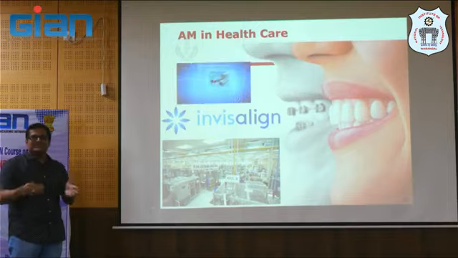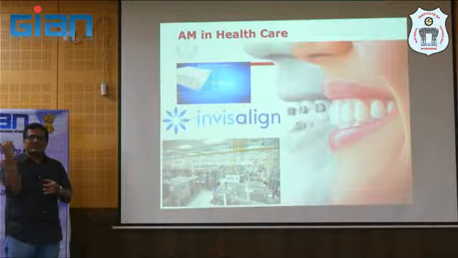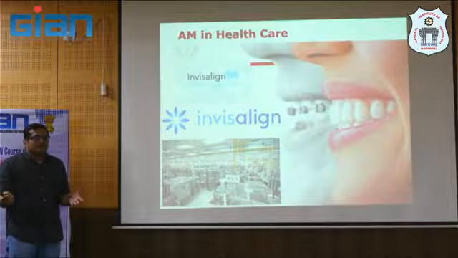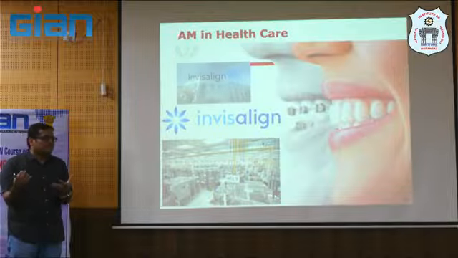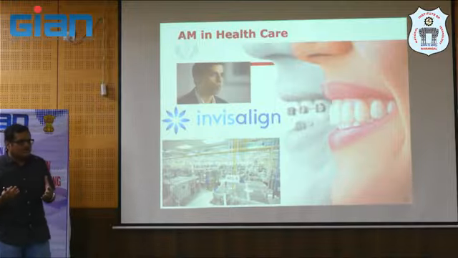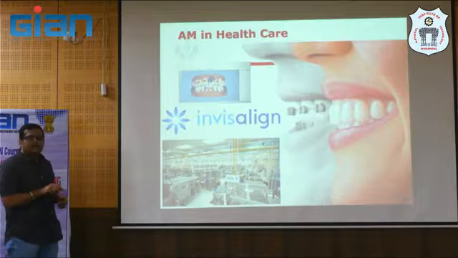Maybe the next sitting, after 4 weeks or 5 weeks, they will again come and you fix it with an appointment. You need not even go to the dentist, right? So try to see the supply chain or the logistics involved here. It's very simplified, right?